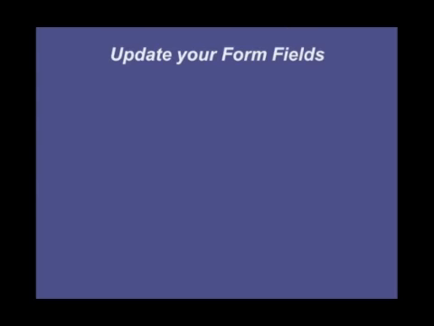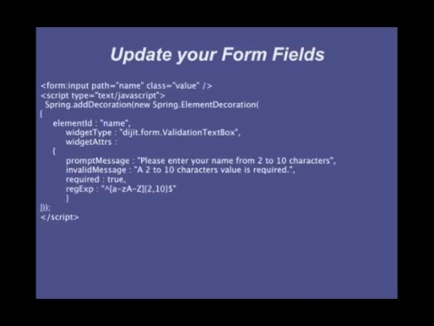Now update your form fields. Now this is the trickiest part. If you look at my form input field, it looks like a normal Springs input field called name, but then after it I have this funny looking JavaScript that is actually adding the validate text box to that input field, and it's putting the prompts and the requirements.